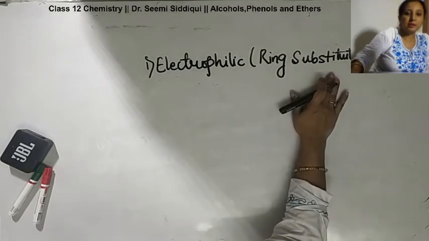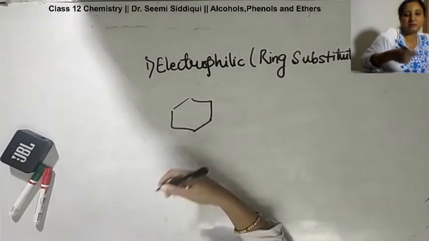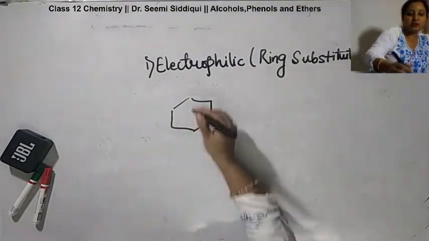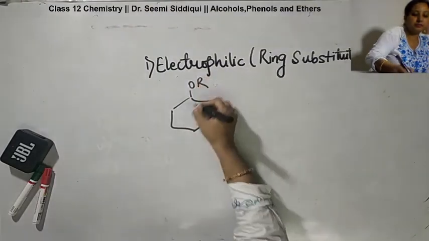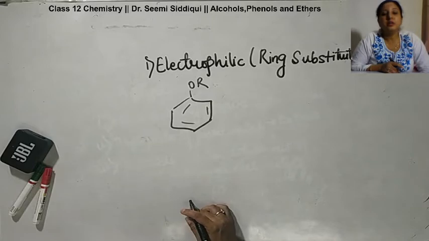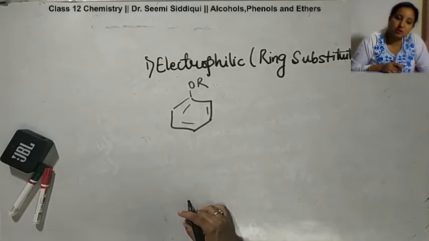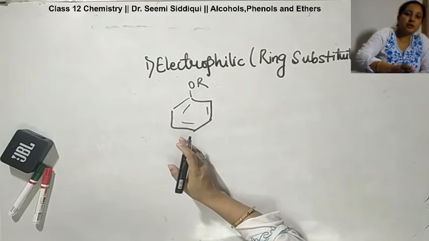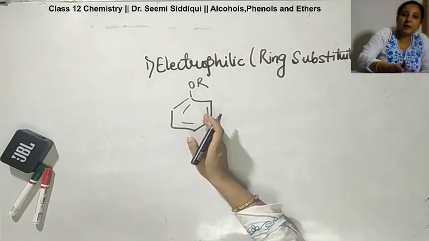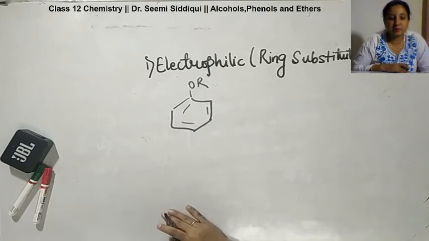Besides that, I told you that like the phenol ring, it is also stabilized. The reason for the stabilization is that it also has resonating structures. Due to the resonating structures, its ortho and para positions get activated.